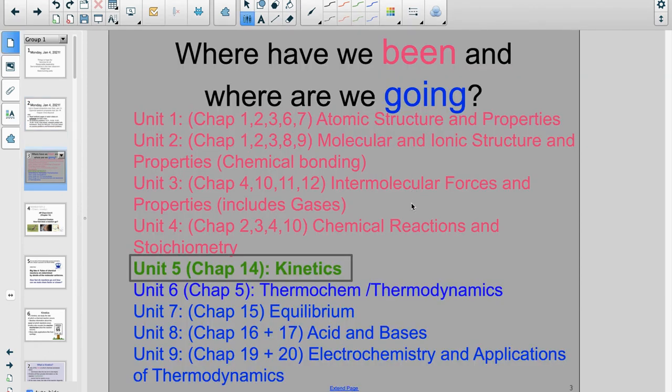So a brief overview of what's coming and where we've been. We've finished units 1 through 4 so far, and units 1 through 4 are a mishmash of different chapters in the textbook. Starting with unit 5 is the start of second semester chemistry.